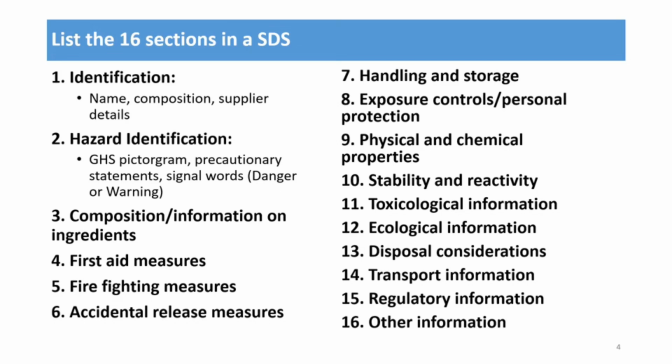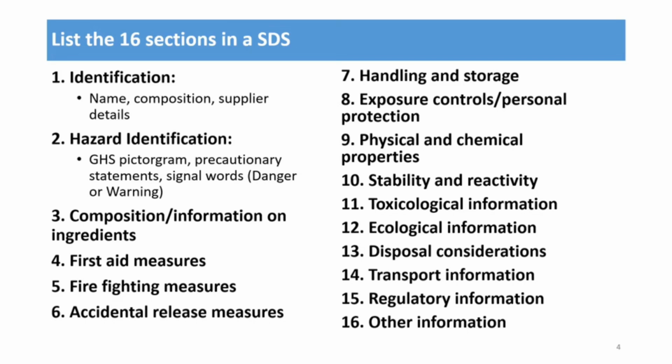It provides the hazard classification in the form of a GHS pictogram, precautionary statements, and safe handling methods. It also contains the signal word which indicates the relative hazard severity. There are only 2 words used in GHS. The signal word danger is used for more severe hazard, while the word warning is used for less severe hazard.